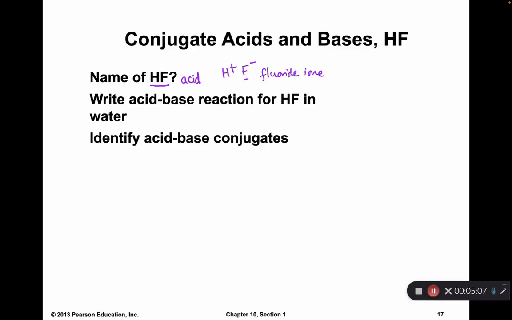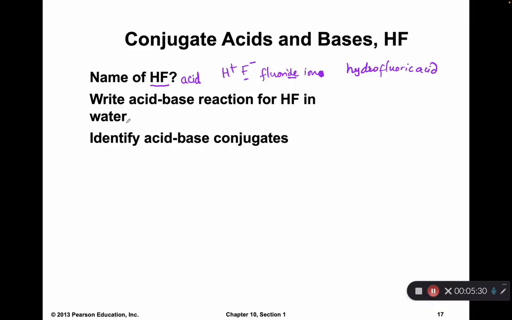If you remember from the earlier lecture video, if we have an ide ion, it becomes an ic acid, and we also need to add hydro. So it becomes hydrofluoric acid. So HF is hydrofluoric acid.